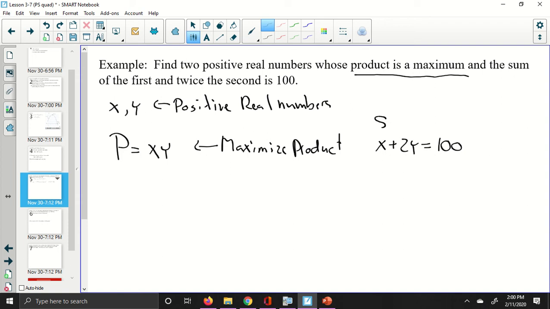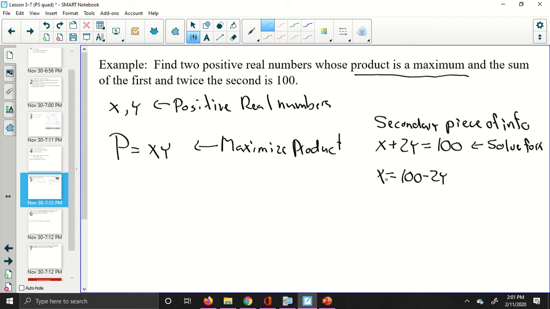And so this is my secondary piece of information. And so what I'm going to do is use this secondary piece of information to get this down into a single variable. And so what I'm going to do here is solve for x. And that'll give me x equals 100 minus 2y. And we could have solved for y. I just see that that's a little bit easier.